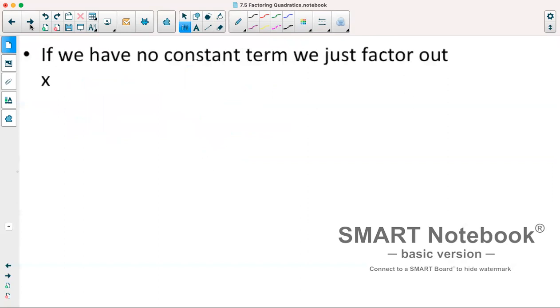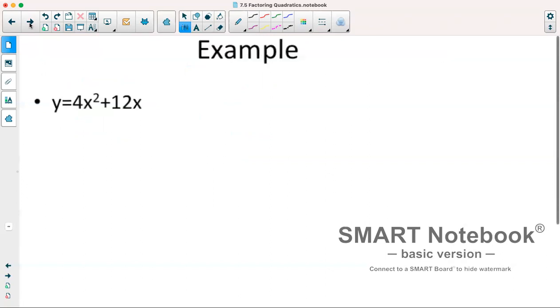Now, if we have no constant term, so no c term, we just factor out one of our x's. So we've got y equals 4x squared plus 12x. If we also have numbers that we can factor out, we'll do that. So in this case, 4 and 12 are both multiples of 4, so we'll factor that out. We'll also factor out an x because both terms have an x.